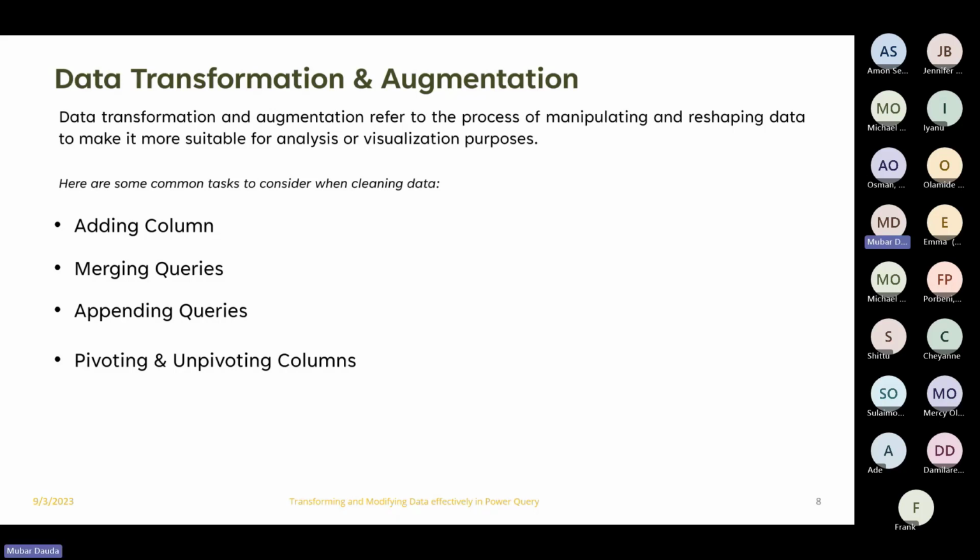That's what data transformation is, which Power Query provides us. You can add columns in Power Query, merge queries from different tables together, append queries, and pivot and unpivot columns. These are what Power Query offers us.